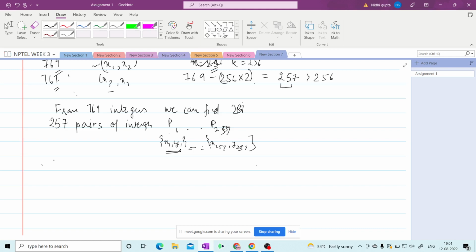So basically, you are removing a parity of this type, like 2 raised to the power 1. The moment we remove it and take two numbers, their product will automatically become a square. But we can't remove this, because if you have these 769 integers, there can be a possibility that all 769 integers are following this.